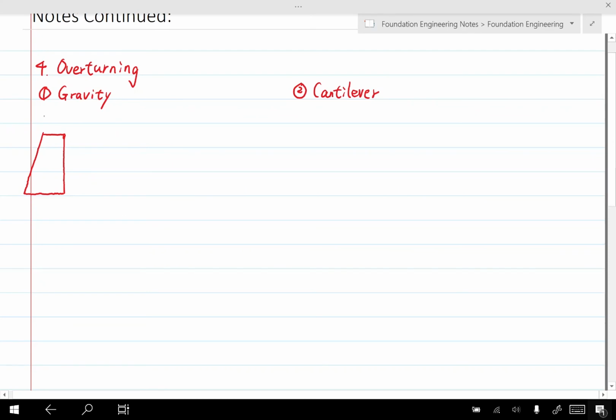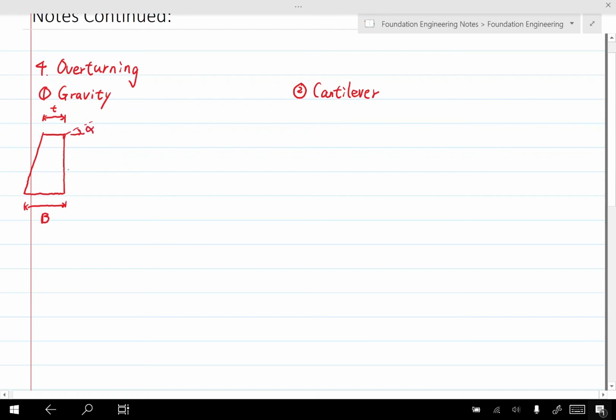So for this one, let me mark dimensions. Here's the T. Here, this is B. And we have the angle of inclination of the backfill, alpha.